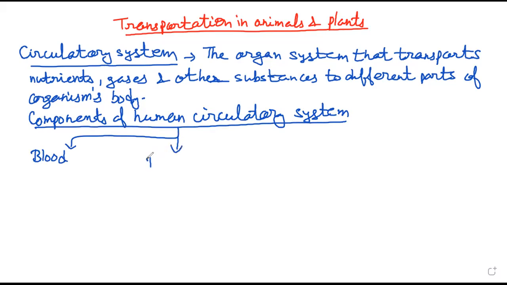Then we have blood vessels, through which the blood is transported, right? And third is the heart, which pumps to help circulate blood, right? So these are the three components, dear children.